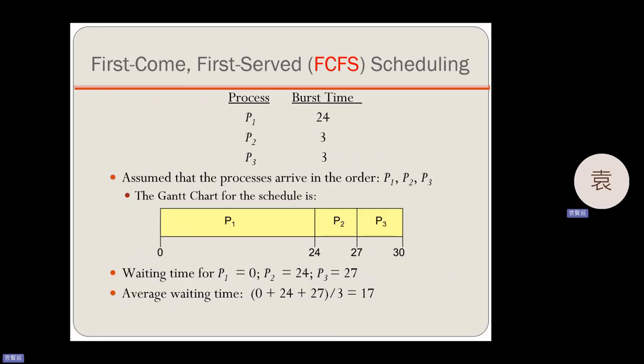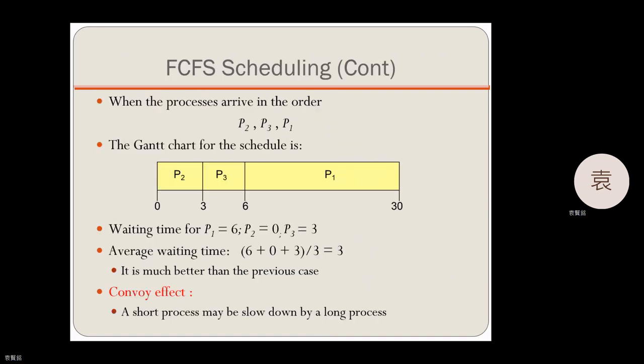Although their arriving times are all the same at time 0, they still have a slight difference in order. So if those processes arrive in a different order, they all arrive at time 0, but with P2 first, followed by P3 and P1.